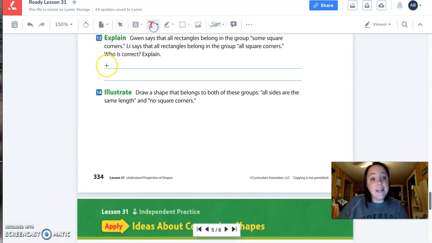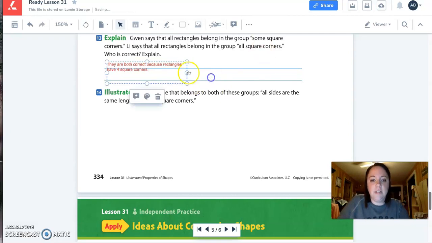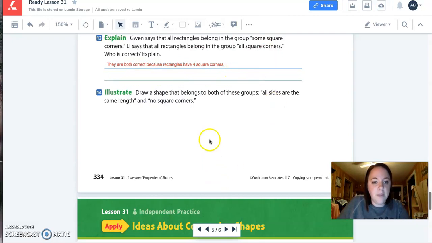So technically, they're both correct. We'll say they are both correct because rectangles have 4 square corners. Just like that.